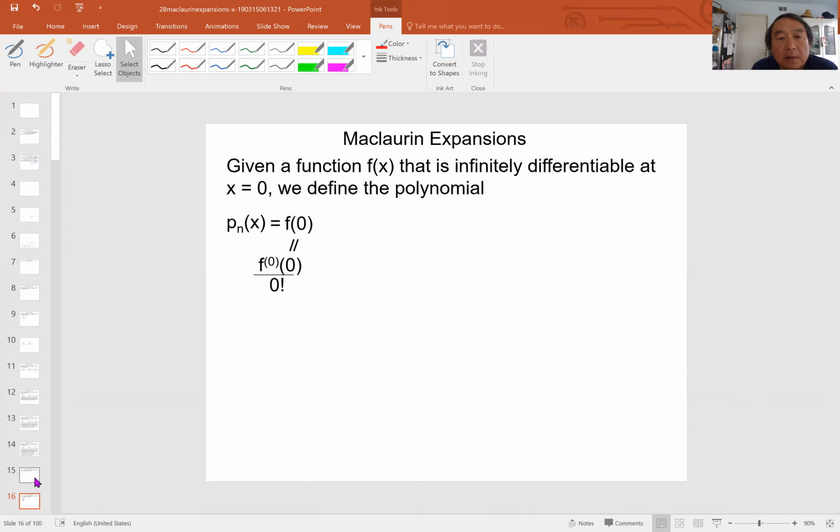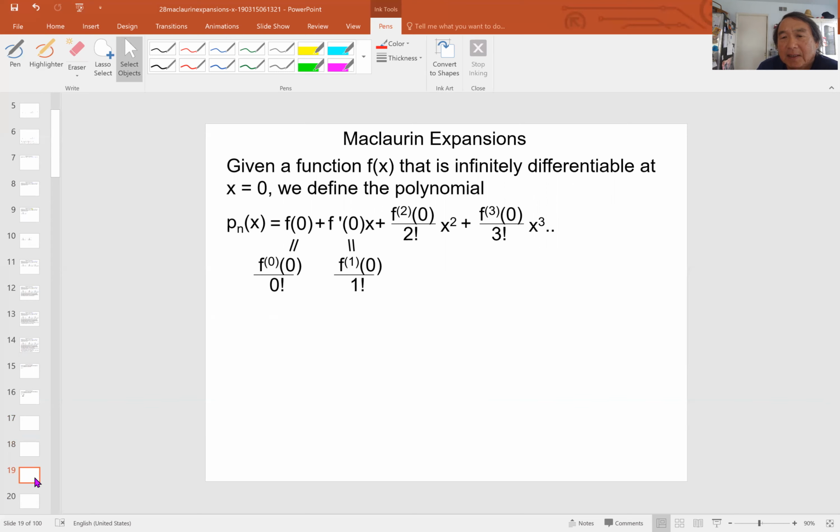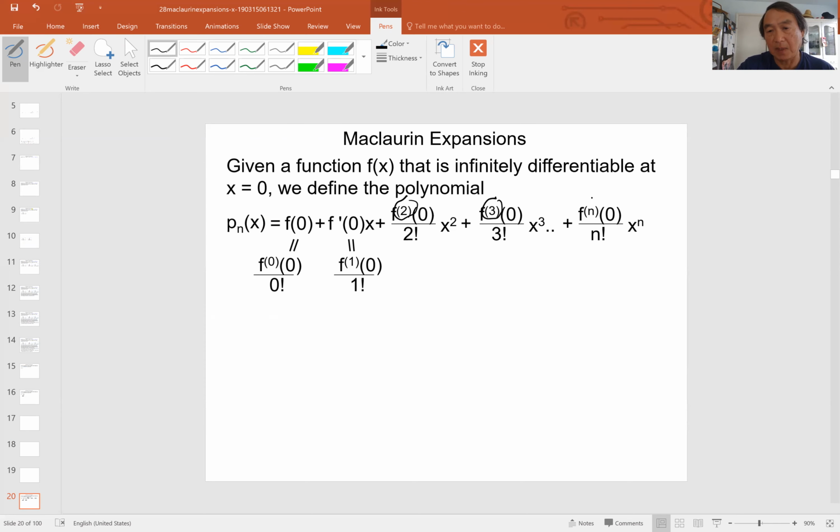This is the formula for the nth degree Maclaurin polynomial. Of course, this means take the derivative twice, 3 times, 4 times, n times, et cetera. If you first look at this formula, you may ask what this is about. Well, let me give you a demonstration.